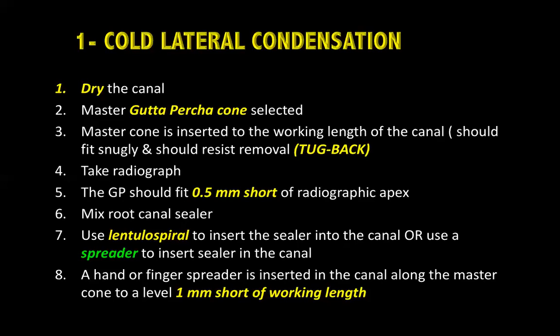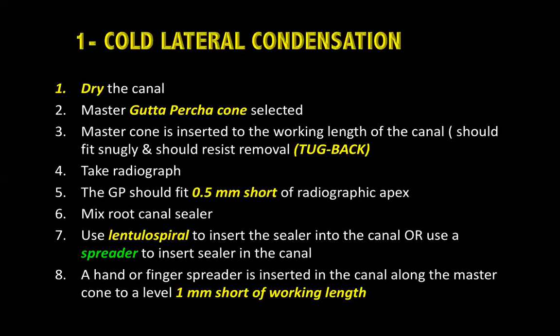Or we can also use a spreader to insert the sealer in the canal. So we have put the master gutta-percha cone in the canals and felt the tug back, and now we put a finger spreader, a smaller number than the master apical file, which was the last file.